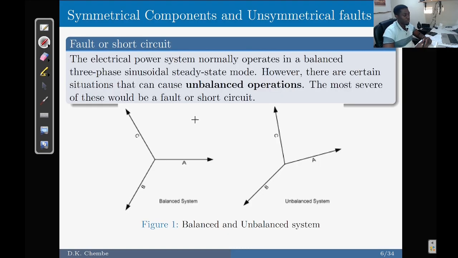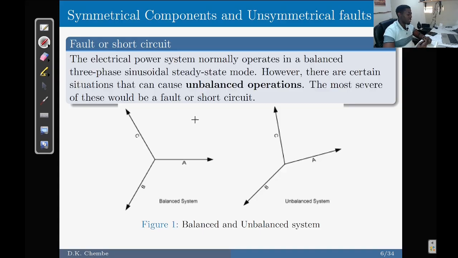This is where you have two conductors or three conductors connecting unintentionally, which causes what we call a short circuit fault. And this brings about a high fault current, which goes very high in magnitude, and that fault current is dangerous to equipment. It can cause burnout of equipment. Burnout is where you have complete damage of an electrical installation or electrical equipment.